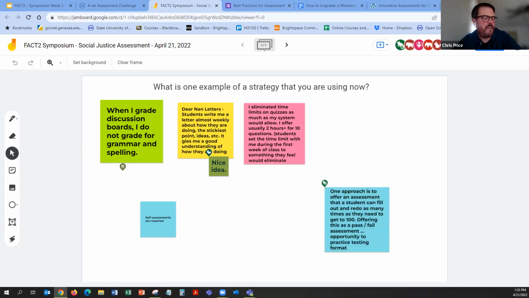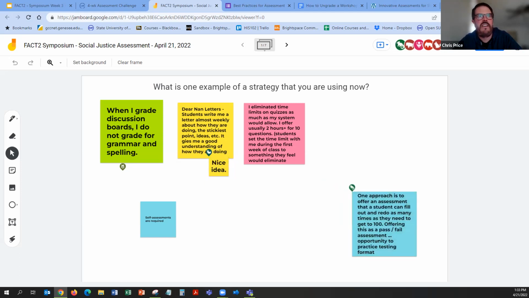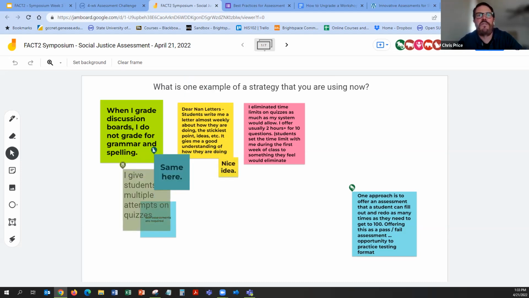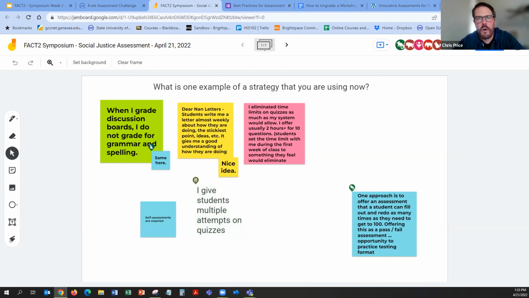I'm sure folks who are here or others who have tried alternative types of assessments, different grading schemes and contract grading, et cetera, know the first time you do it is always a little bit of a roller coaster. And some people say, okay, I don't think it's a bridge too far for me. But I always recommend that you over communicate with your students about what you're doing and why you're doing it, and don't assume that any of it is familiar, because most likely they've never taken a course that contains these types of assessments before.